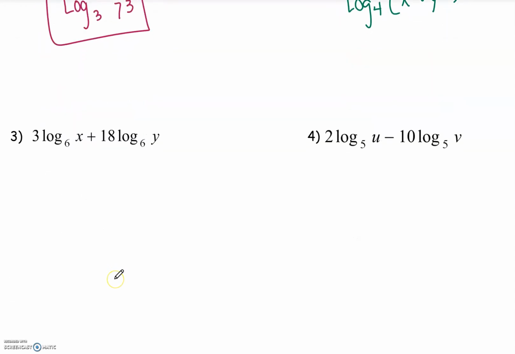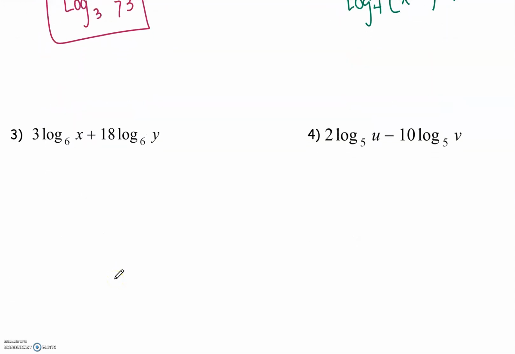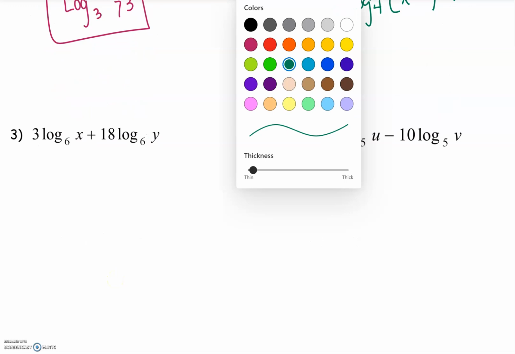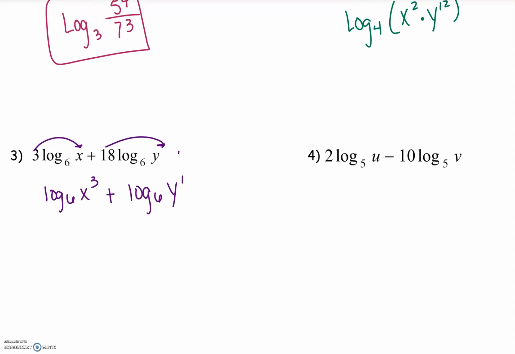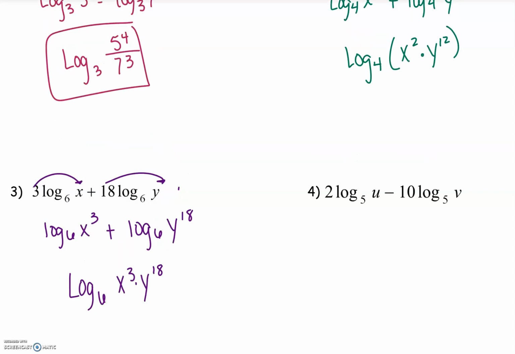So if you want to try these next two, go ahead. Multiplication for number 3, but move the 3, move the 18. And then it's log base 6 of x to the 3rd times y to the 18th.